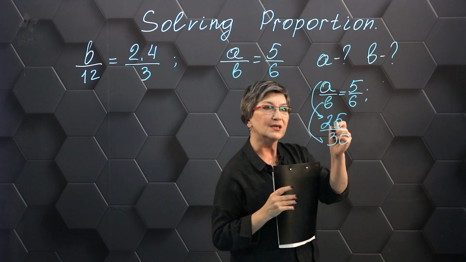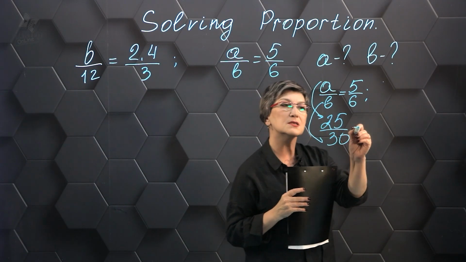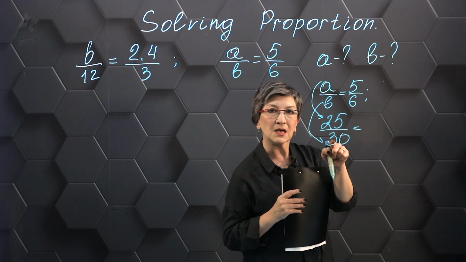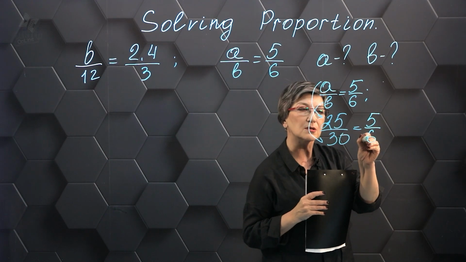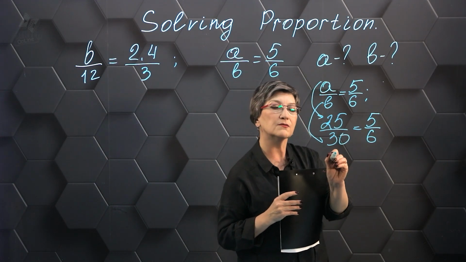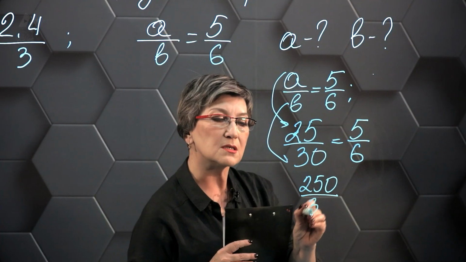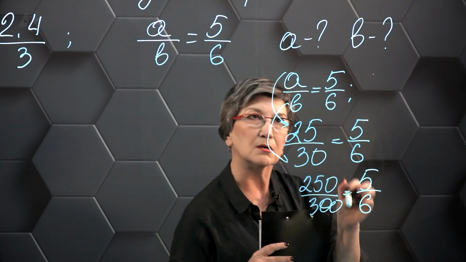In this case, if A is equal to 25 and B is equal to 30, we reduce the fraction and divide the numerator by 5 and the denominator by 5. Then we get the fraction 5/6. But we can take other numbers: A equals 250 and B is 300. And as a result, we also get 5/6.